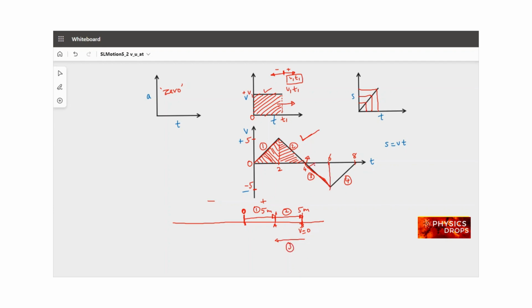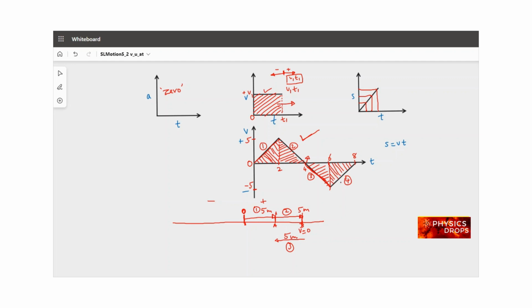The area of this triangle would be again half times 2 times minus 5, which means the answer is minus 5. So it gets displaced 5 meters in the opposite direction, or you can say the displacement is minus 5.